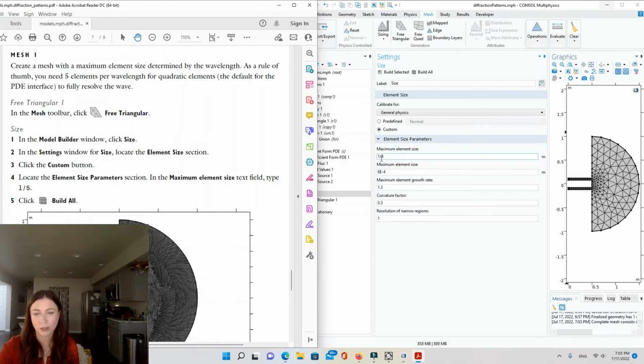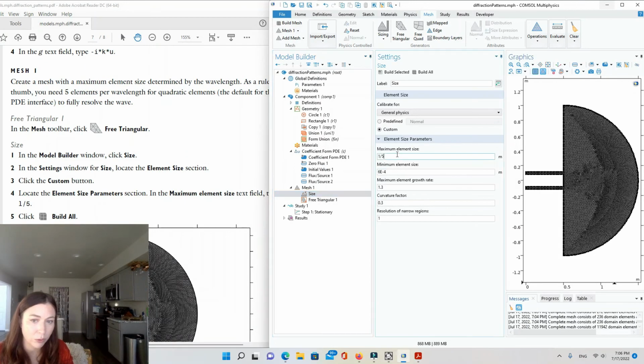So if you do your dimensional analysis, this comes out to 1/50th meter as the maximum element size. It's a much smaller element size than 1/5 meter.